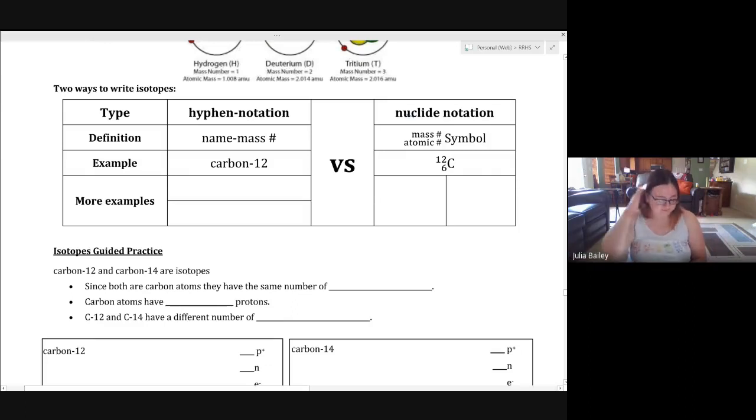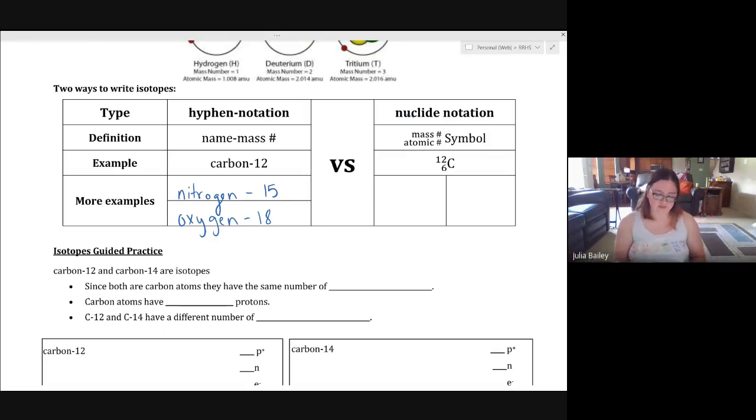Another example would be nitrogen hyphen 15, a nitrogen atom with a mass of 15, or oxygen hyphen 18, an oxygen atom with a mass number of 18, where the protons plus the neutrons equals 18.